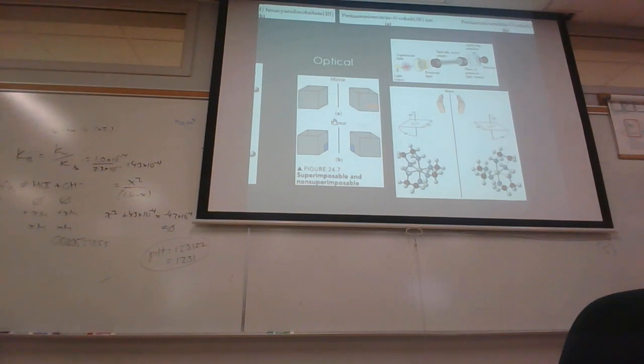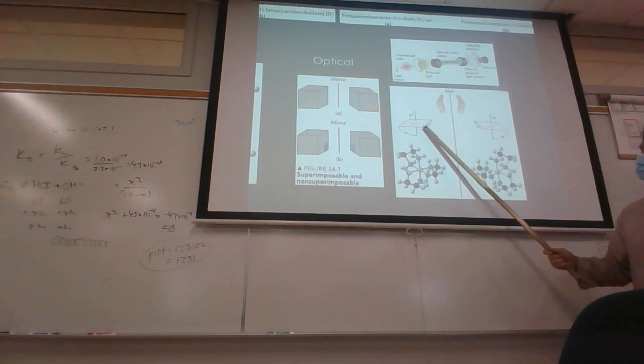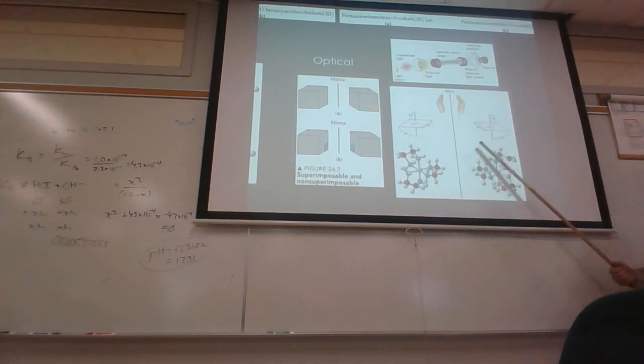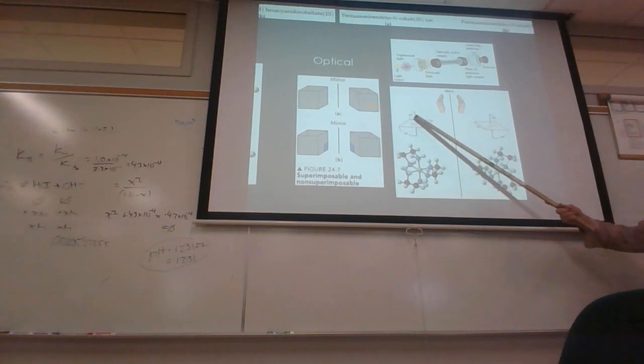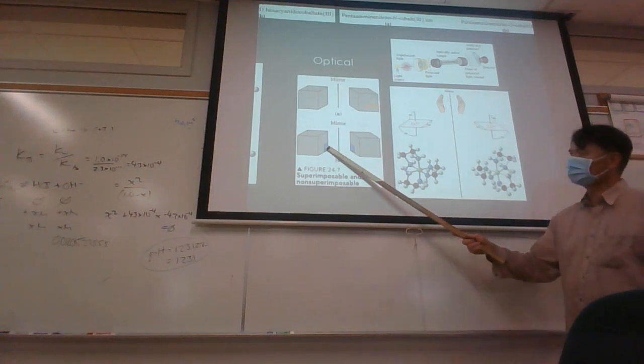We also have optical isomers. Everything looks the same, except one of these is just bonded slightly differently. If you look at this one, we have a cobalt-3 here, and there's 3 ethylenediamine. And this looks like the same thing here, cobalt-3 with 3 ethylenediamine. But it just turns out that the way they're attached is slightly different. It's like this blue marking here.